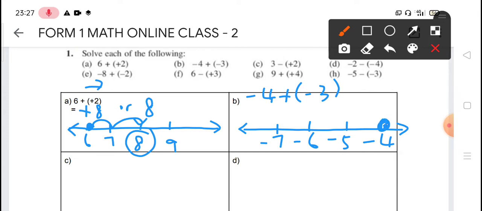If you add a negative number, we go to the left 3 steps, 1, 2, 3. So your answer will be negative 7. This is questions A and B. For those students who just wrote the answer without a number line, please use your red pen to add the number lines and also the arrow to get your answer.